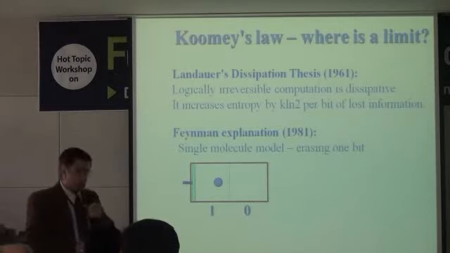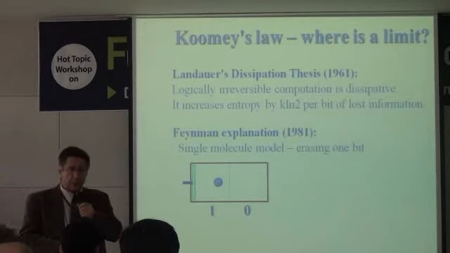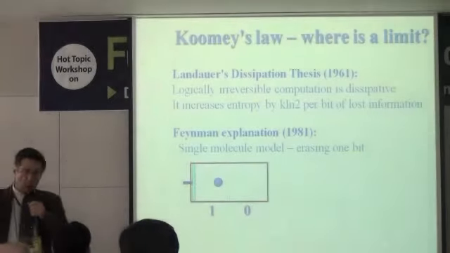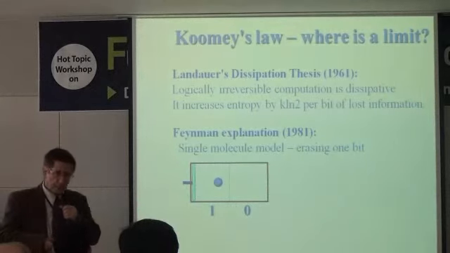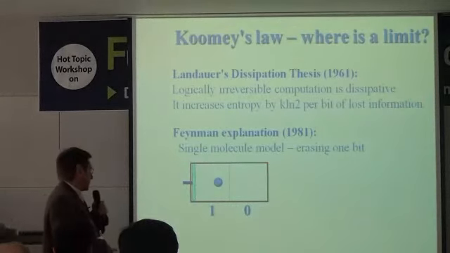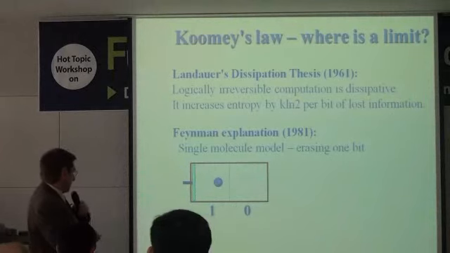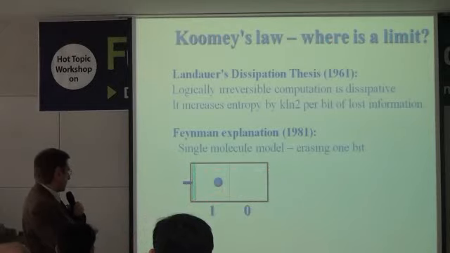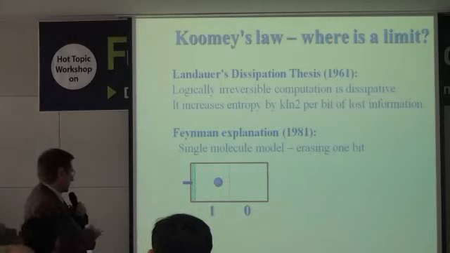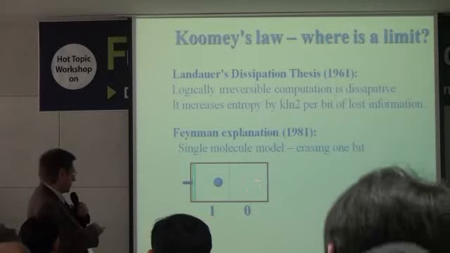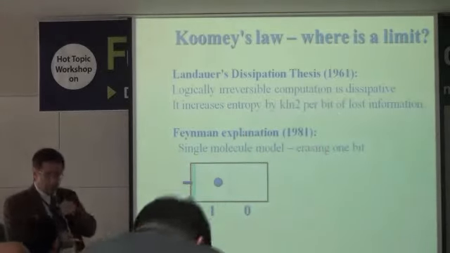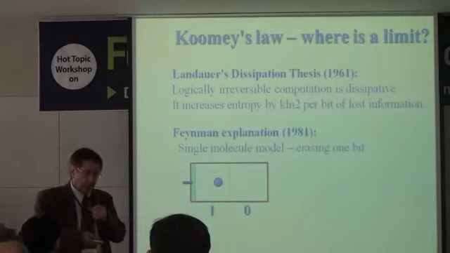And the question is how much energy we need to write one bit of information, and Feynman proposed this very simple explanation. We can imagine that we have a box with one molecule of gas, and if the molecule is on the left side it means 1, and if the molecule is on the right side it means 0.